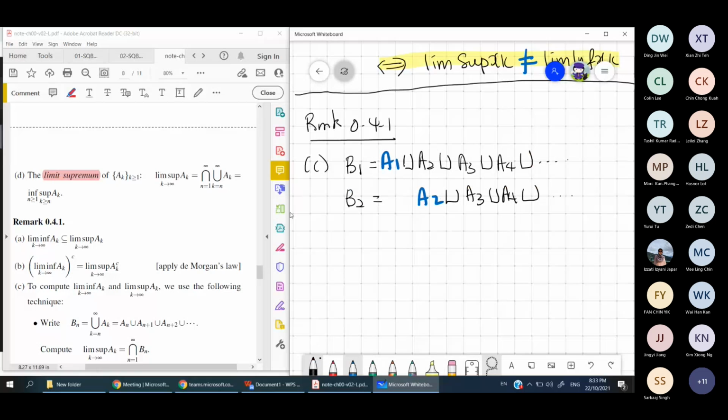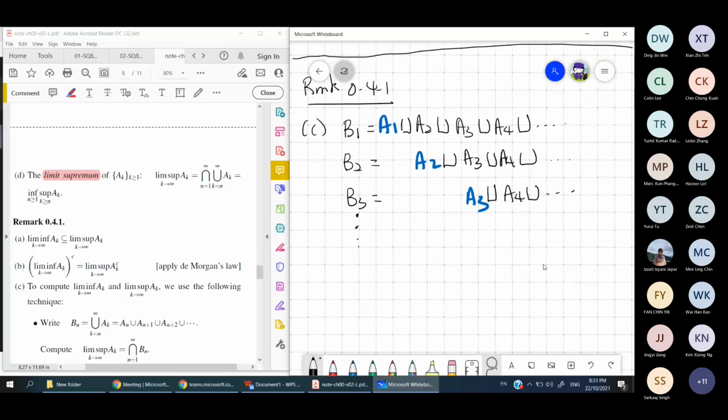Similarly, we have B3, so we begin with A3. So from here, we have constructed a new sequence of sets B1, B2, B3, and so on.